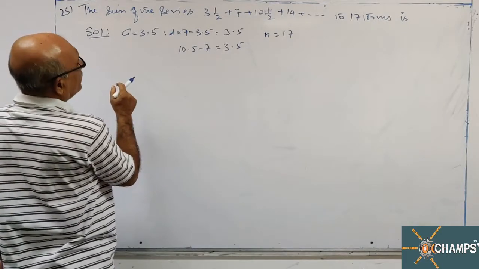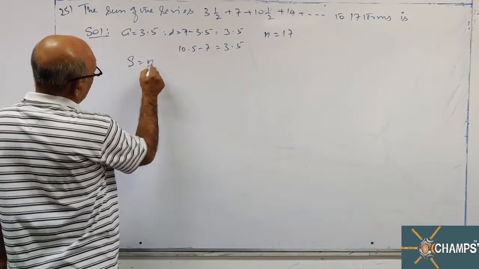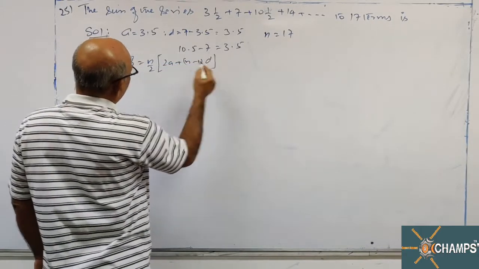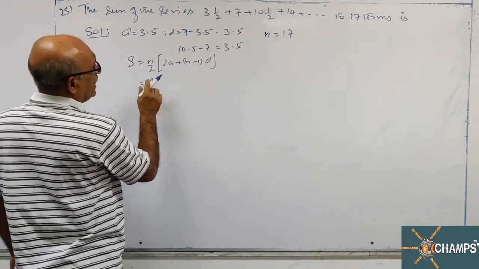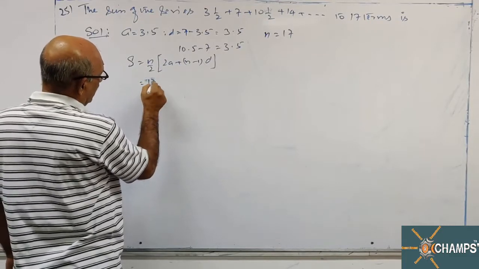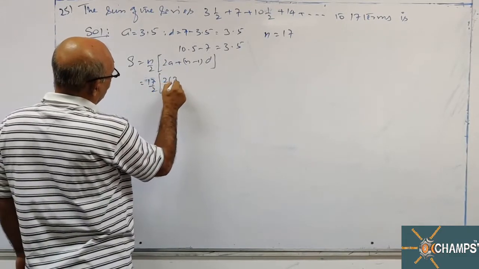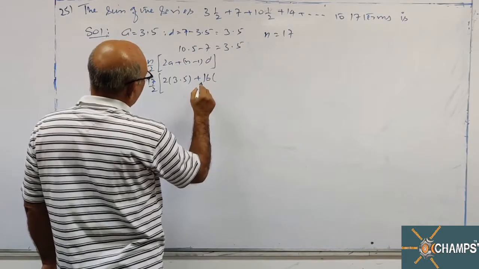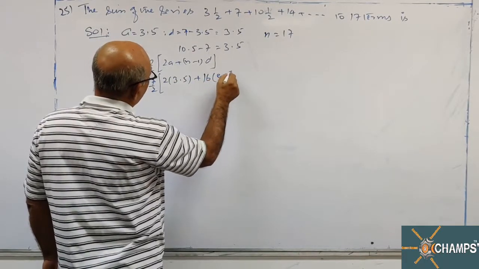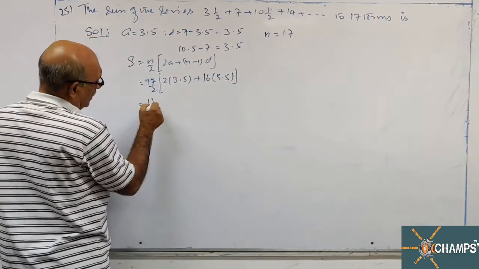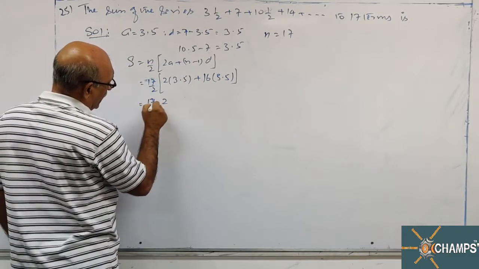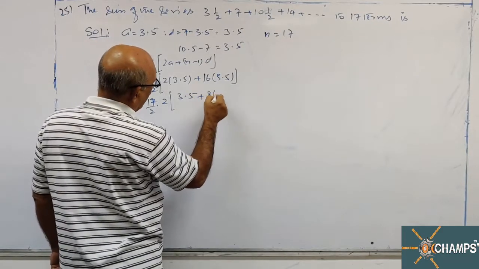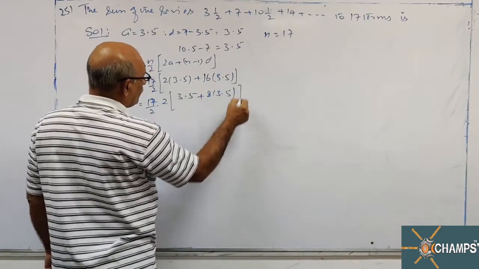Now what is required? Sum is required. S is equal to n by 2 into 2a plus n minus 1 into d. N is 17, so 17 by 2 into 2 into 3.5 plus 17 minus 1, 16, into common difference 3.5. You can take 2 as common: 3.5 plus 8 into 3.5.